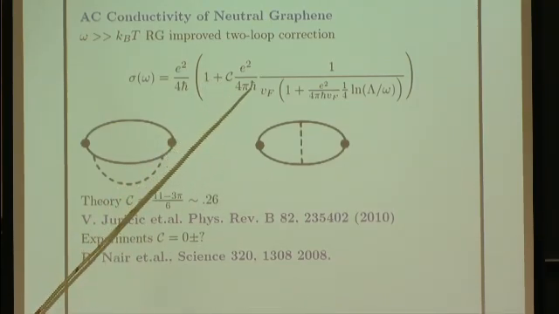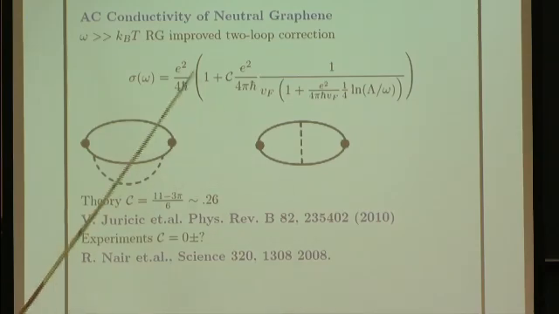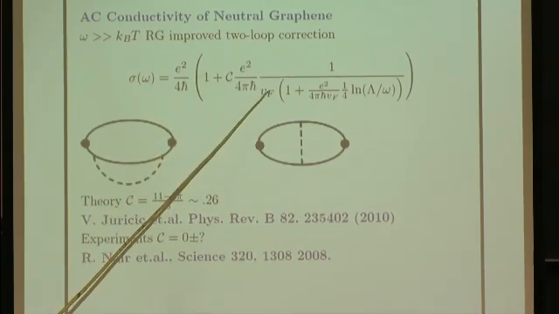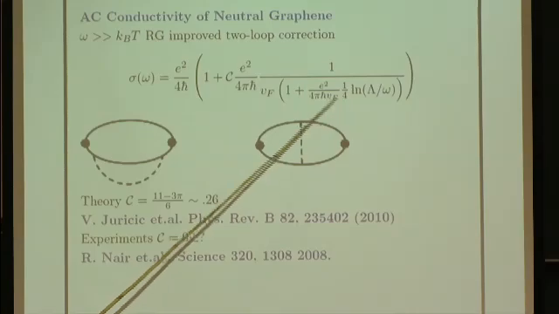Notice here that the expansion parameter is indeed this graphene fine structure constant. So it is really the thing that controls the strength of interactions here. And this is RG improved, and RG improvement really means look for VF and plug in the running value of the Fermi velocity, something like that.